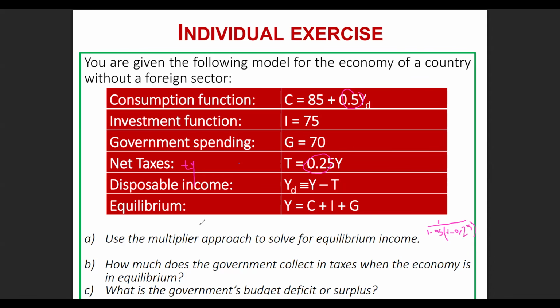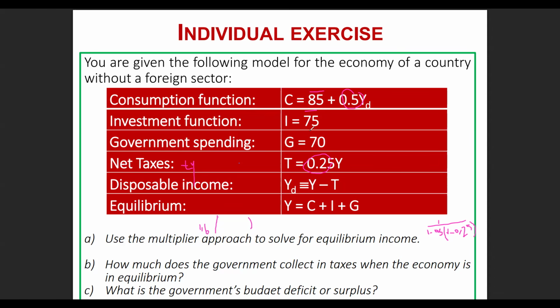Now you're going to take your multiplier, which is 1.6, and multiply it by all the elements of autonomous expenditure. Let me just open my bracket. Firstly we have autonomous consumption, which is 85. We know that investment is also autonomous, 75.